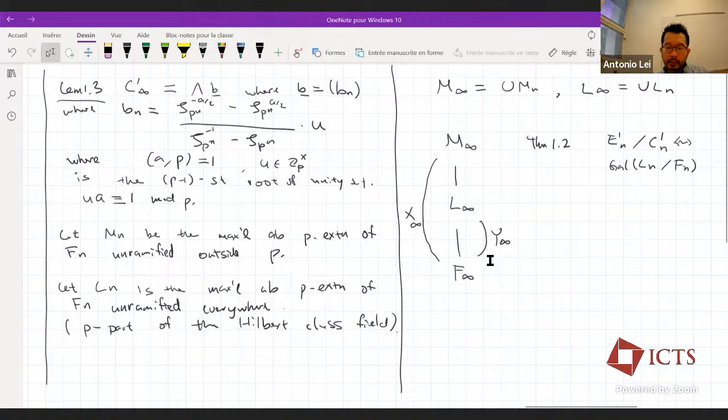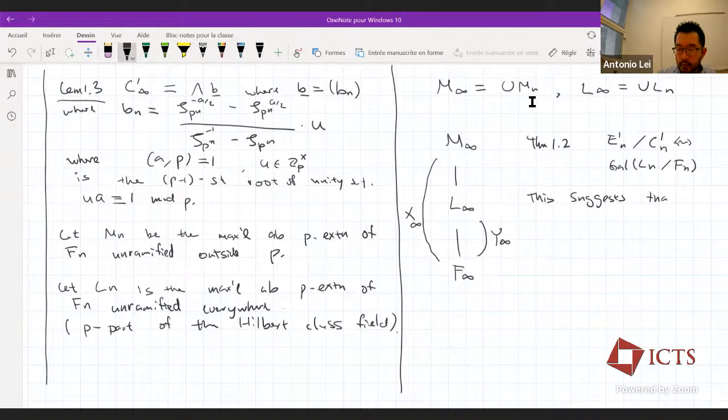Now we are looking at the union of all these L_infinity. So you would expect a link between Y_infinity and this E_1 infinity over C_1 infinity.